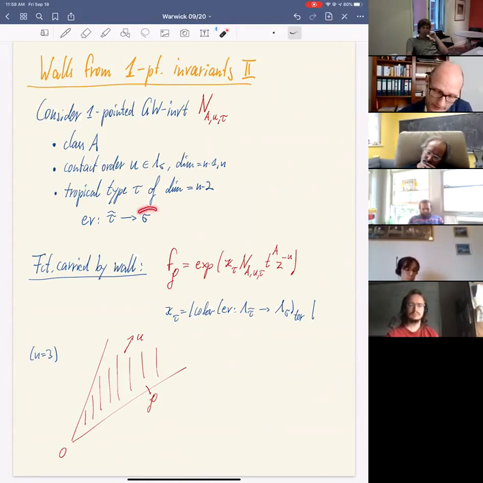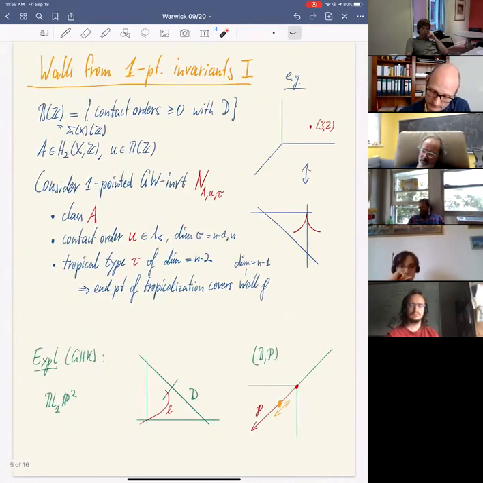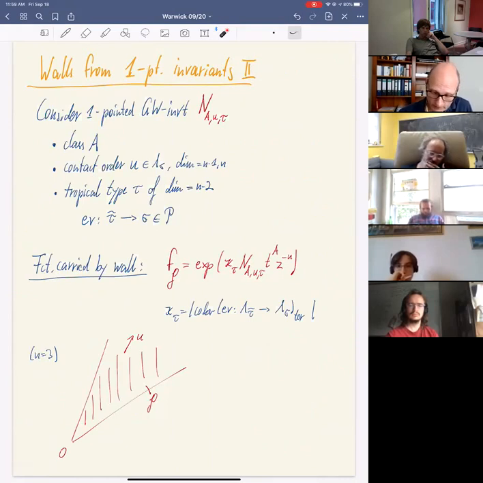You have some cell sigma of any dimension in P. You get this evaluation map of this kind of enhanced cone, the one which tells you also the puncturing points on the legs. And this is the evaluation map at this one point, which goes from T tilde to sigma. The one I just told you about here, right? That would fix this point, would give that point. And that sweeps out this wall.